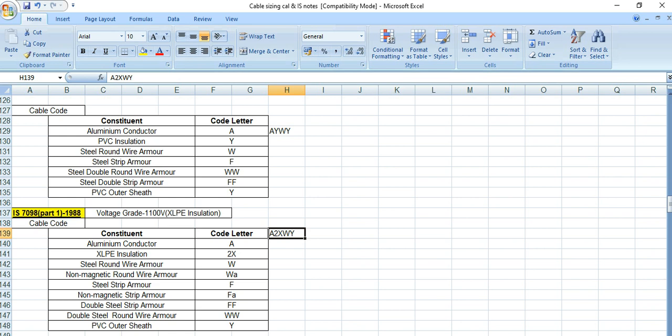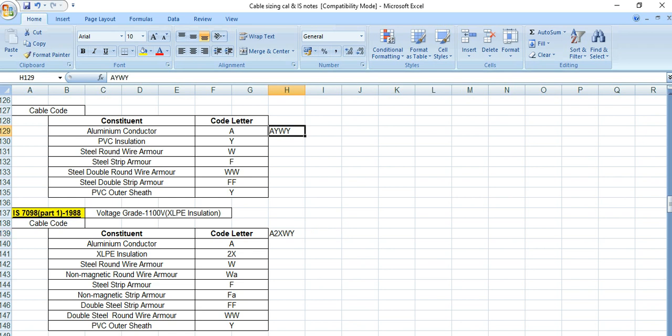Then 2X is for XLP insulation, W means the same steel round wire armor, and the last Y is again PVC outer sheath.